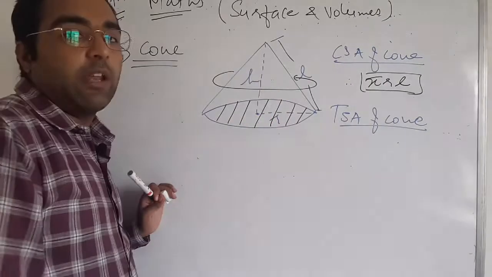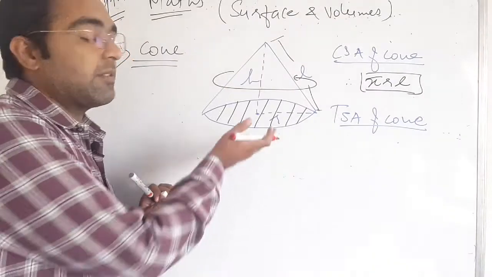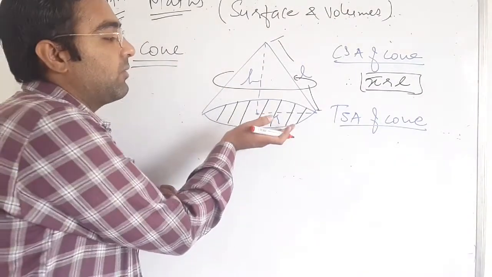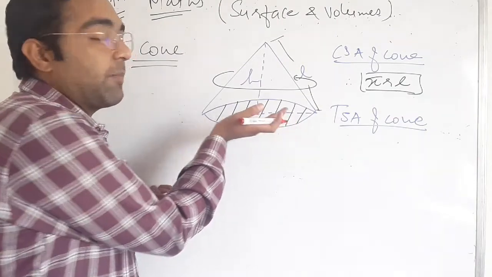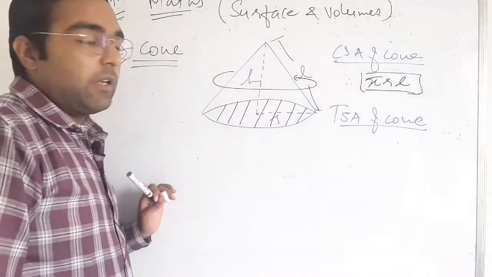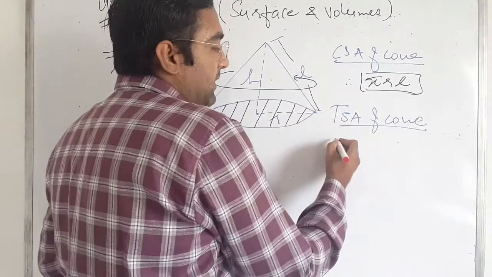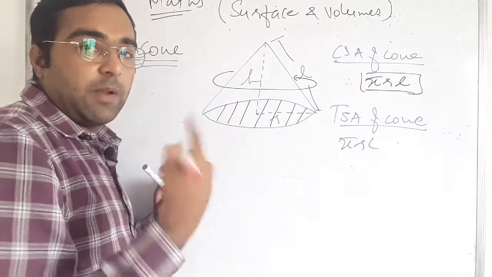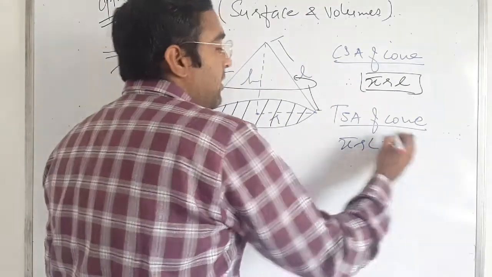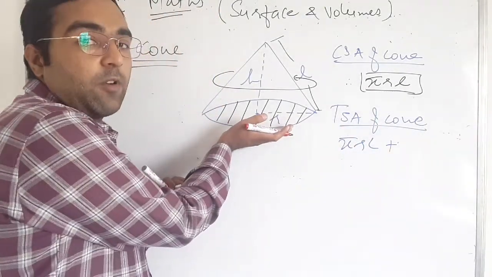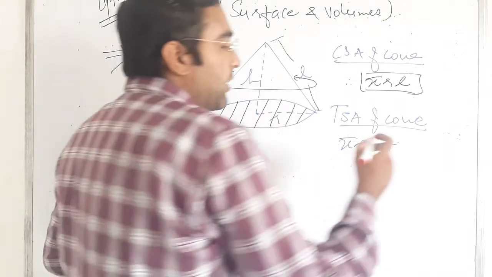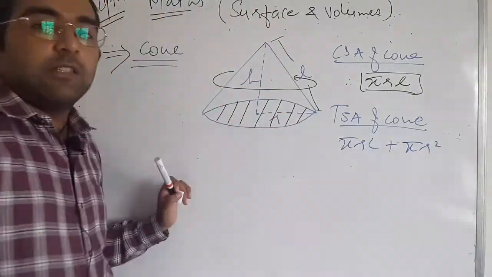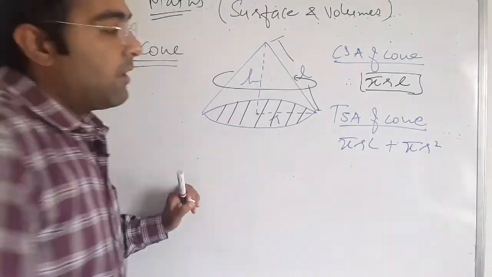So we take the area of the bottom of the cone as pi r square, because the base of the cone is in the shape of a circle. So the total surface area of the cone is pi r l as the curved surface area, plus the area of the base, which is circular, pi r square, the area of the circle.